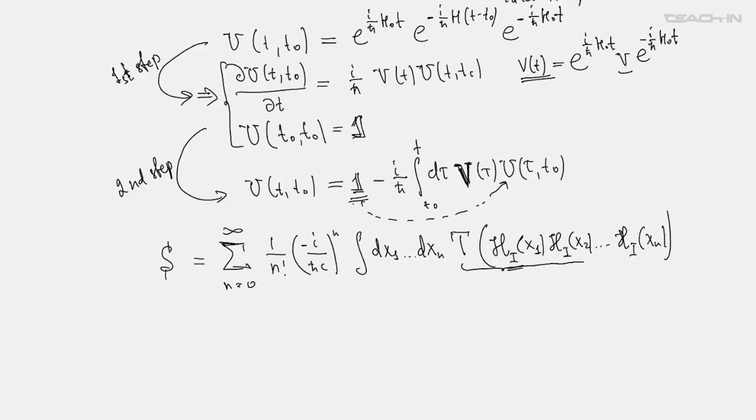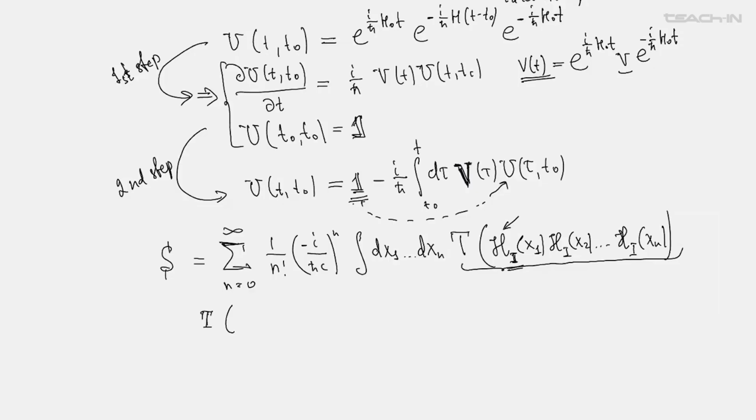And since we said that the evolution here of H_R is due to the free Hamiltonian, this means that at the end of the day, this expression, which is this t-ordered product, reduces simply to the t-ordered product of free fields.